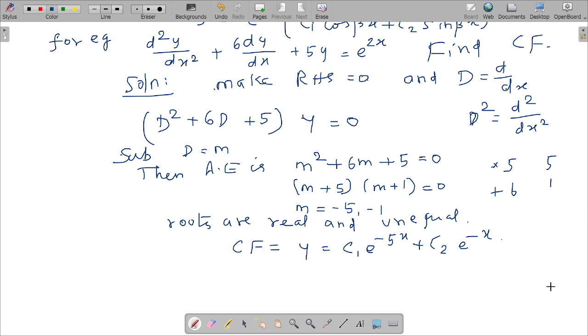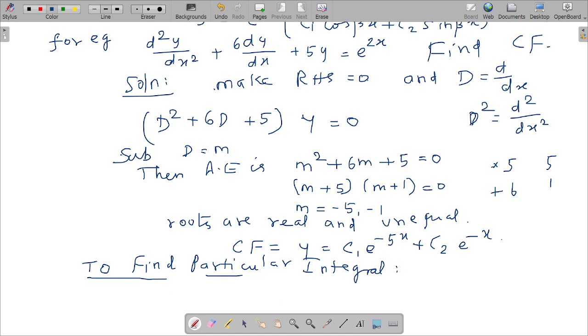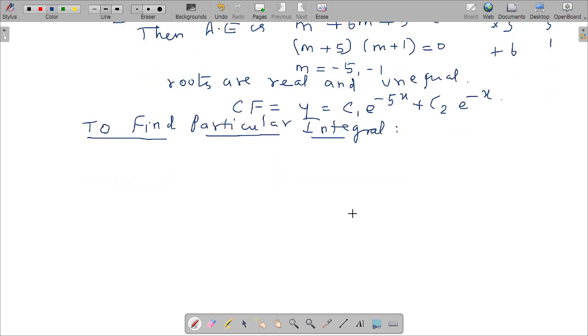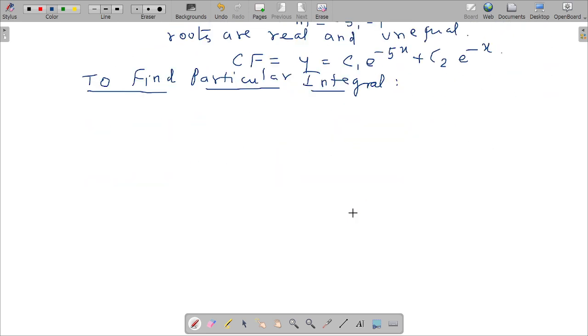Next one is the particular integral. To find the particular integral, how many cases did I tell yesterday, totally? The right hand side f of x may be of different types.